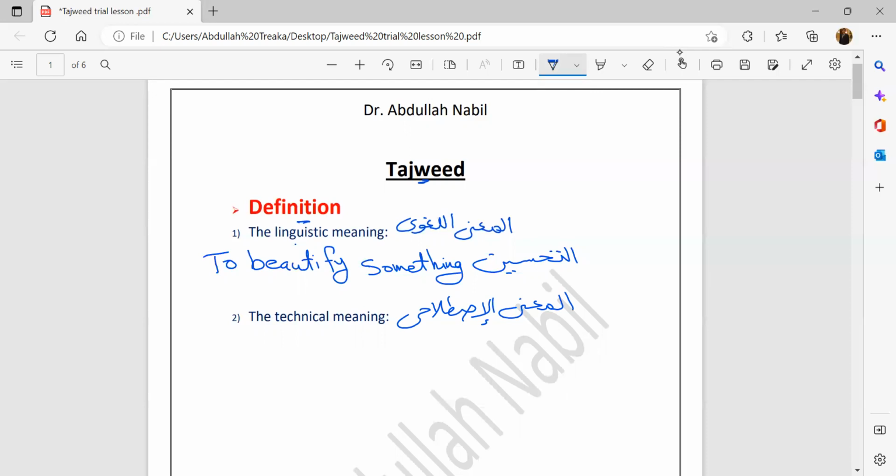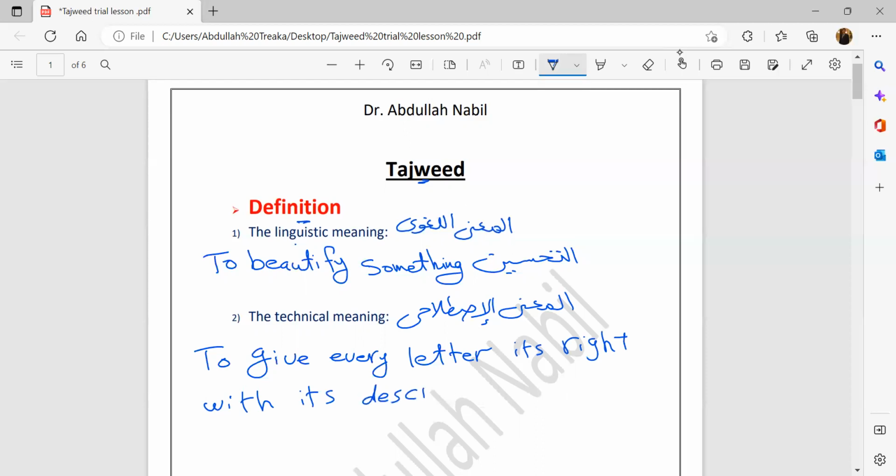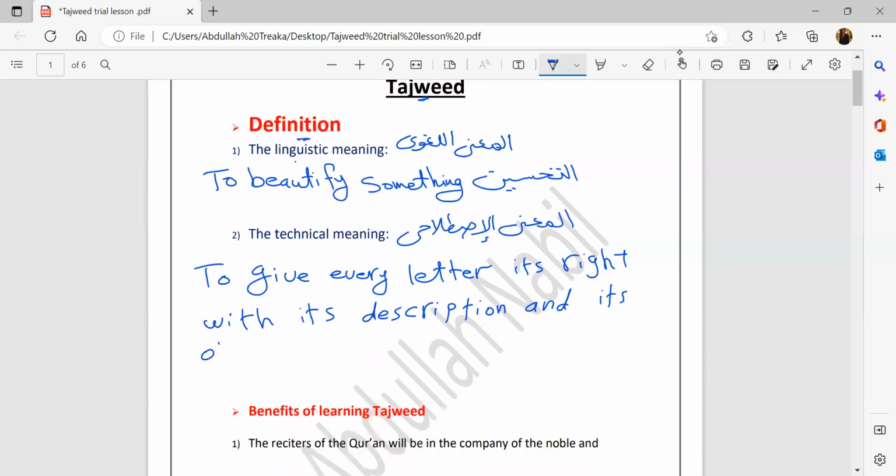To give every letter its right with its description and its origination.